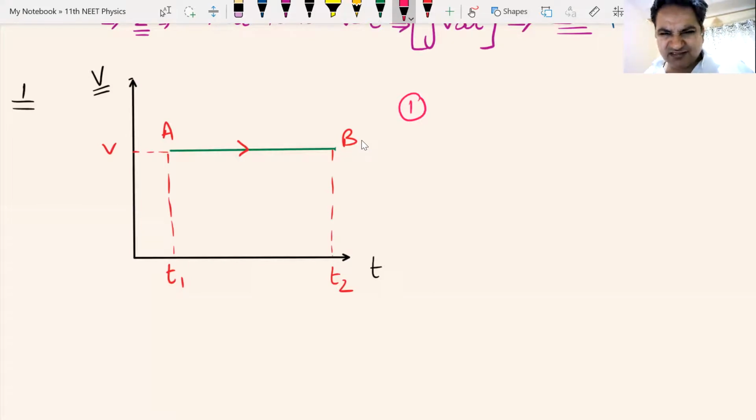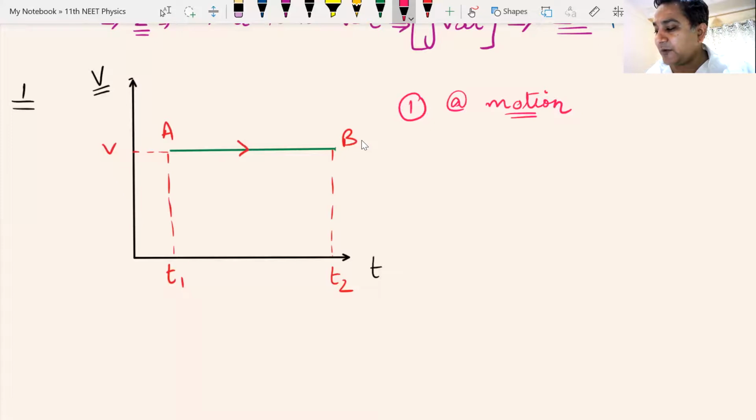It means the velocity is constant. If it is having constant velocity, which is not zero, it cannot be at rest. The particle is moving, it is in motion.